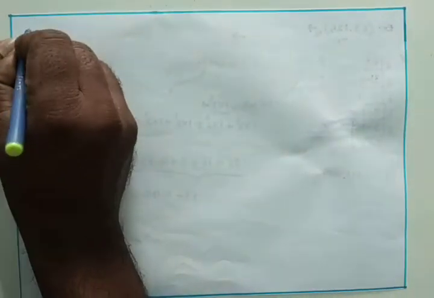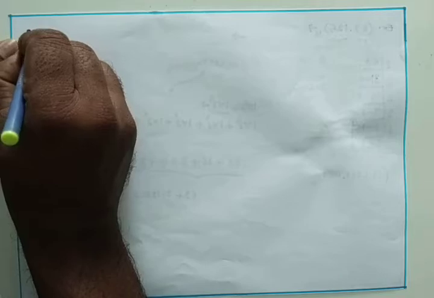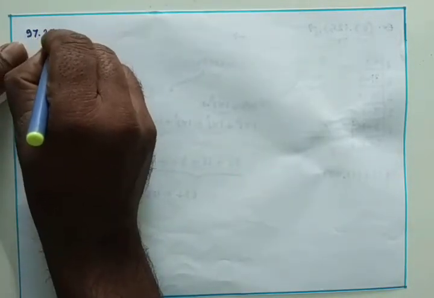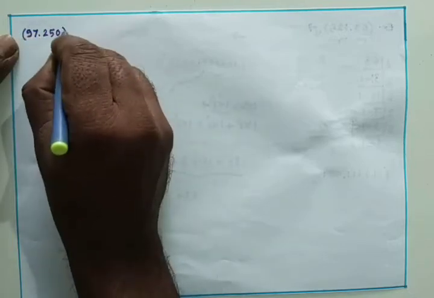So I am going to do one more example. Last example, a very simple one, I am going to explain the same. 7.250 base 10.